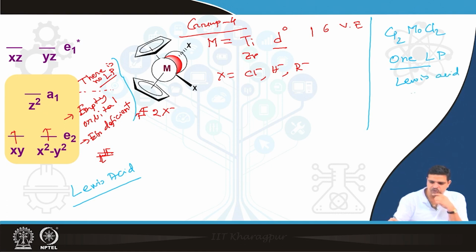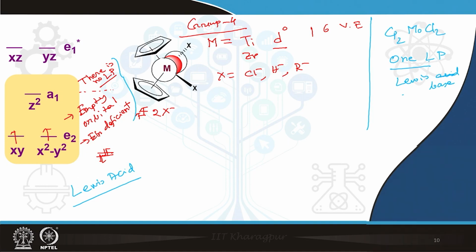Okay, so extensively we have discussed. Sorry, this will be a Lewis base because you have one lone pair. So we have discussed this electronic arrangement and the criteria in our previous discussion.